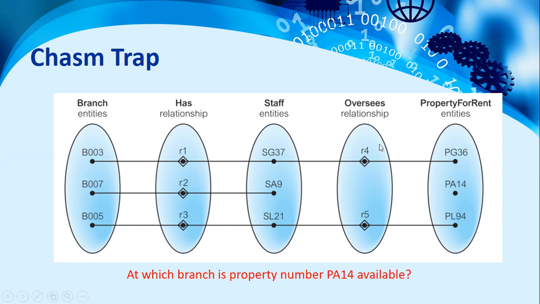So ito yung PA14. Sige daw, could you trace it? Siguro kung PG36, at which branch? Pwede pa siguro. Pero yung sa PA14, kasi wala talaga. Can you already figure out why there's a chasm trap?